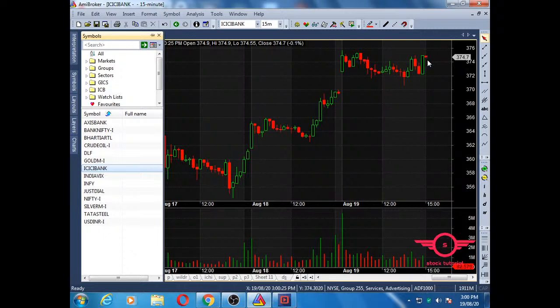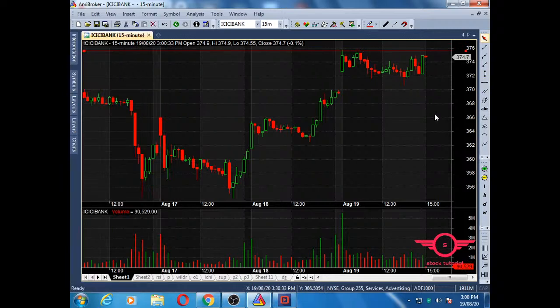This red candle converts to green, so it can go here, sorry, 375.